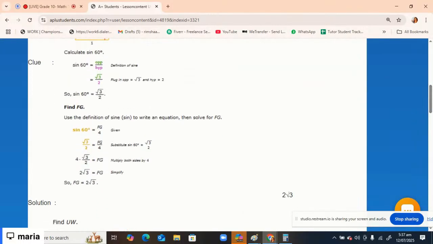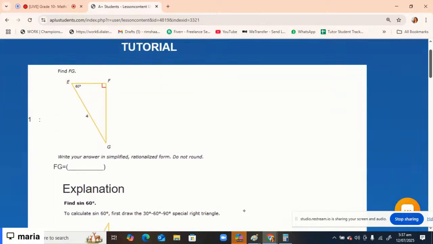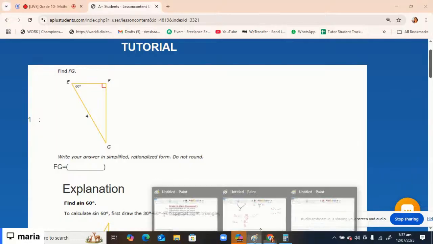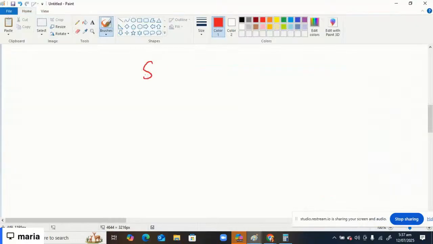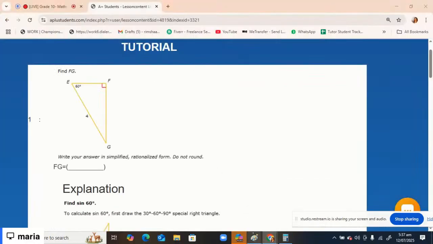Any angle that is given here, you put that angle in sine. So you use sine 60, then FG over 4, because FG is your opposite and 4 is your hypotenuse.